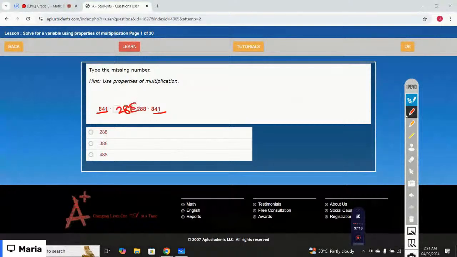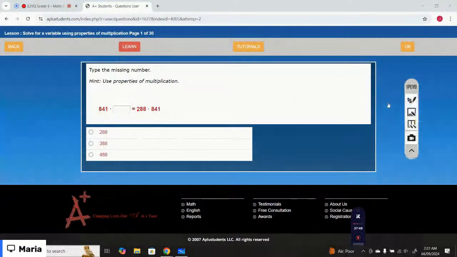So the missing number is 288. Got it? The correct option is 288.